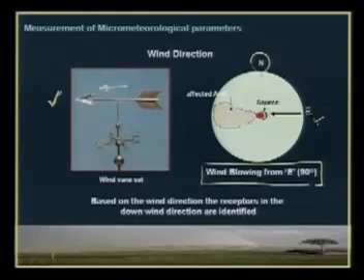The direction from where the wind is coming is taken as the wind direction. For example, in this figure the wind direction is east, which means the wind is coming from the east. We can also show it in degrees: the wind direction is 90 degrees. But the important concept is that wind direction refers to the direction from which the wind is coming.